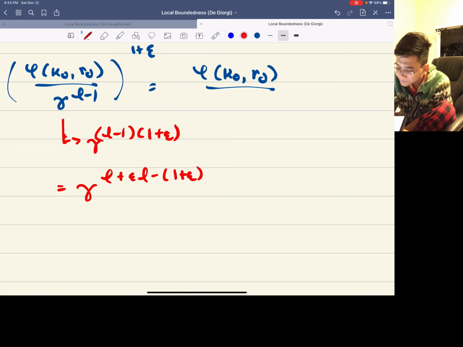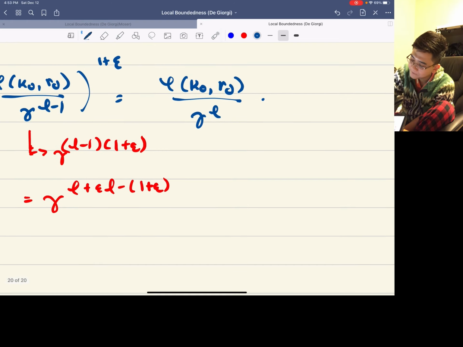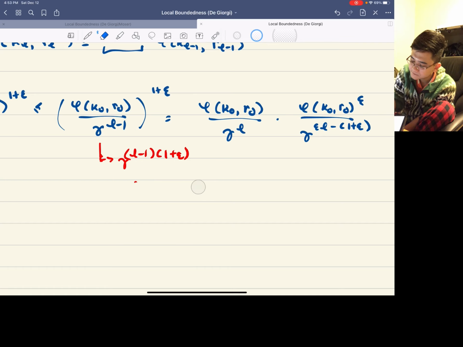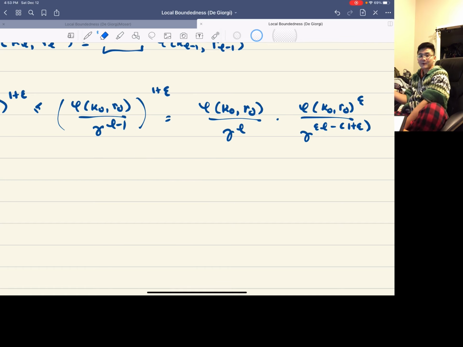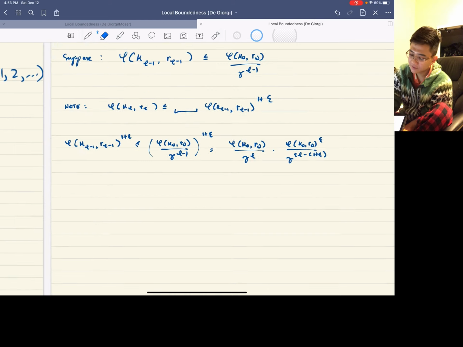So I can write this as gamma to the L times phi of K0 R0 to the epsilon, over gamma to the epsilon L minus 1 plus epsilon. Okay, so we have that.